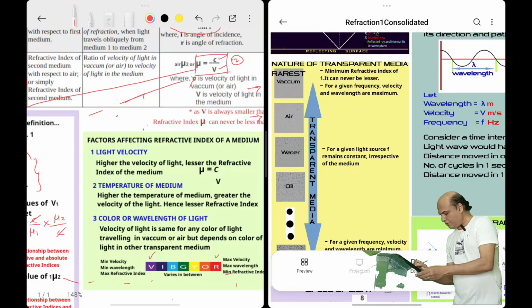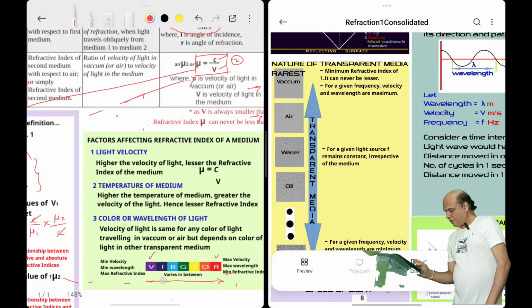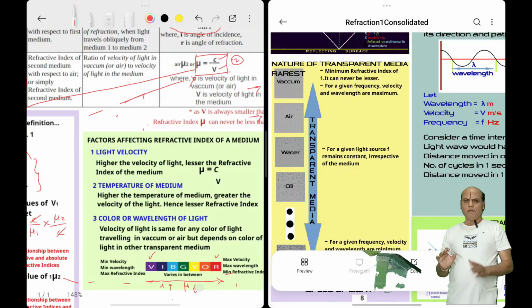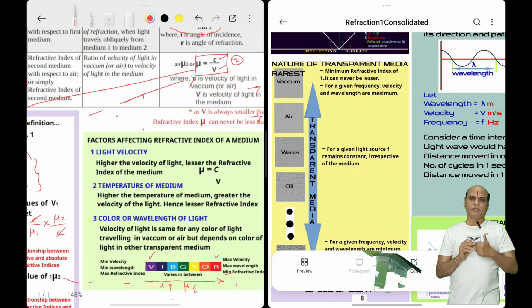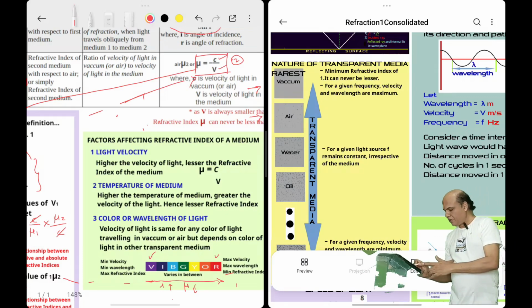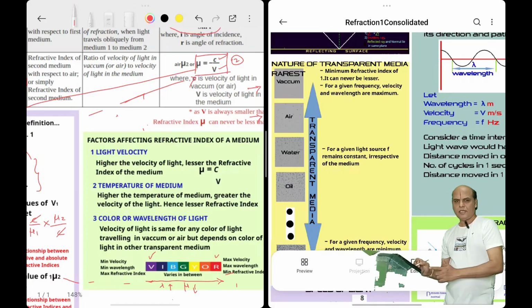So as we move from left to right in the visible spectrum, wavelength increases and refractive index decreases. To judge what will happen to refractive index, always consider velocity. If velocity is high, refractive index moves the other way. So moving from left to right, velocity and wavelength increase, so refractive index will decrease.